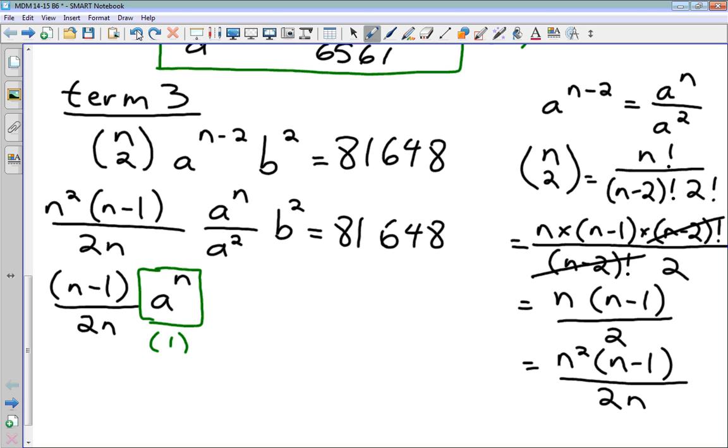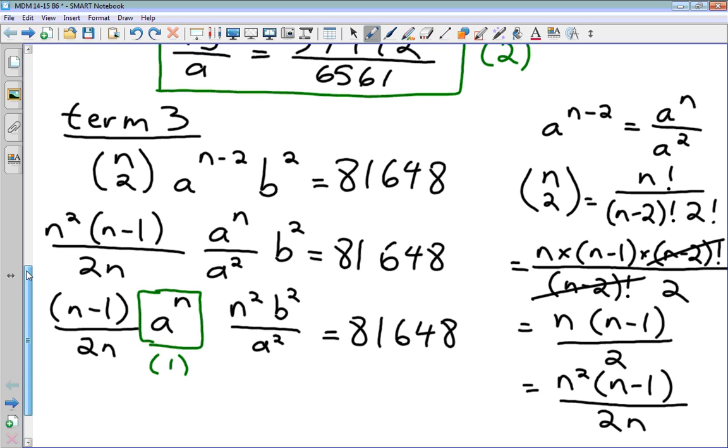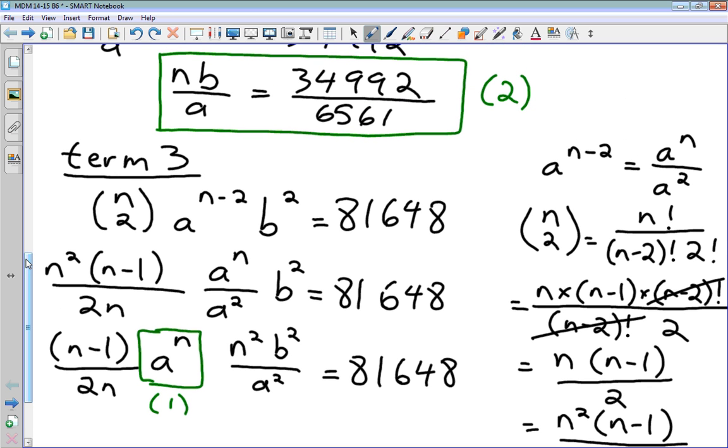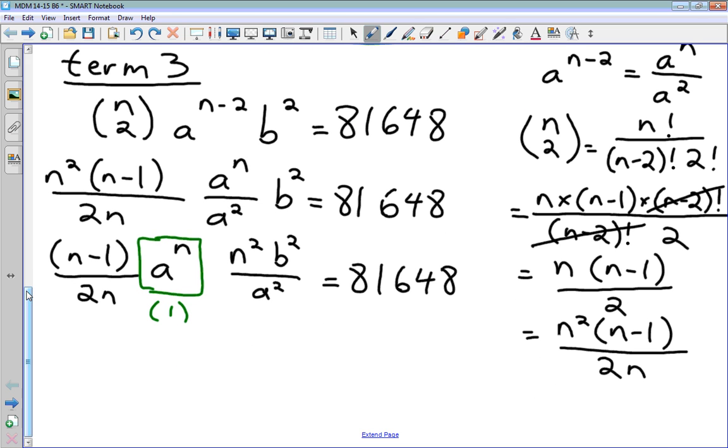And what do I have left? I have an n squared, a b squared, and an a squared. Well, what is n squared b squared over a squared? It's relationship number 2, nb over a, just the whole thing squared.